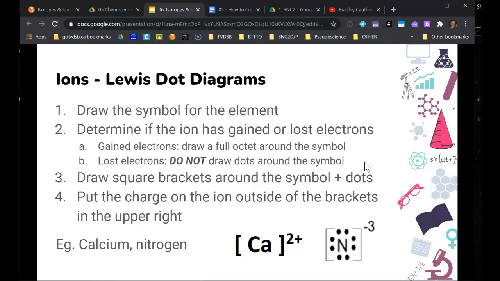So if it's just a regular atom, you just draw the symbol with the dots. And those dots represent how many electrons are in the outside orbital. It looks exactly like a simplified version of a Bohr-Rutherford diagram.